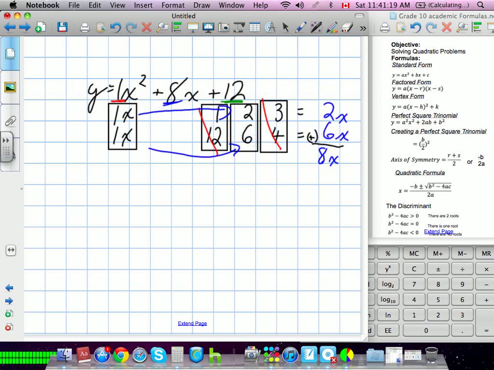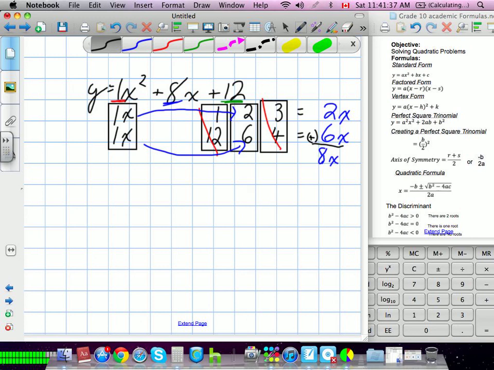So I'm going to draw these in permanently because this is very important. This is an important part of it, especially when A is not 1. We know we got our 2x and our 6x, so they worked. Great. The reason I've separated these sets of columns is because we're going to go directly into factored form. I don't have to do anything else once I've got these columns set up.